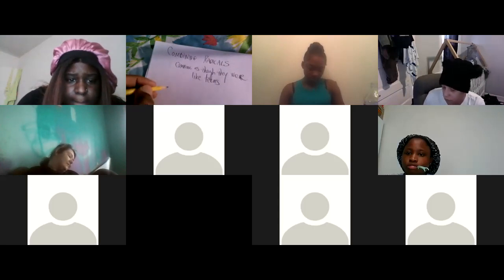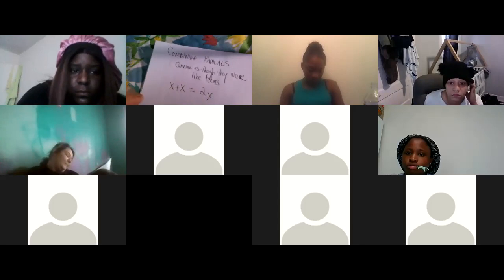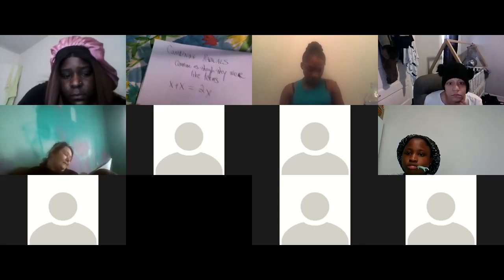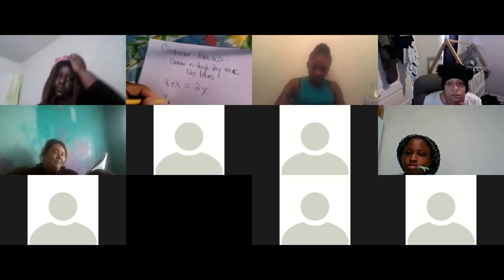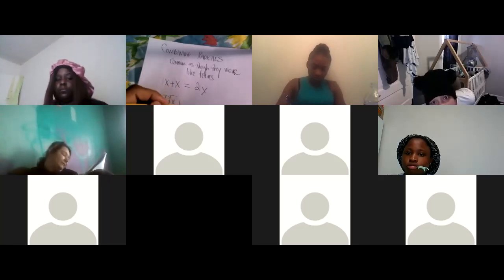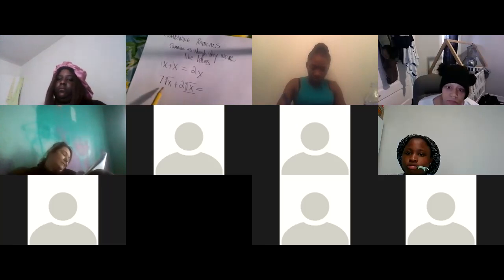So for example, if we have x plus x, those are like terms, so that'd be 2x. We would just add the coefficients. So if we have 7 cube root of x plus 2 cube root of x, these are like radicals because they have the same radicands and the same root indexes.